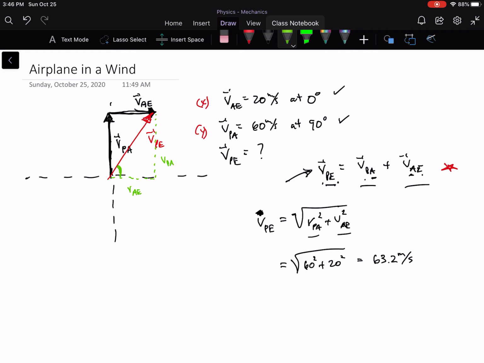So to get that angle, call it phi, like we often do, just use the inverse tangent of V_PA over V_AE. That gives you the inverse tangent of 60 over 20, which gives you an angle of 71.6 degrees. There we are. There's our vector.